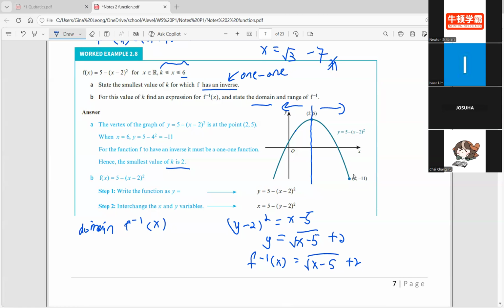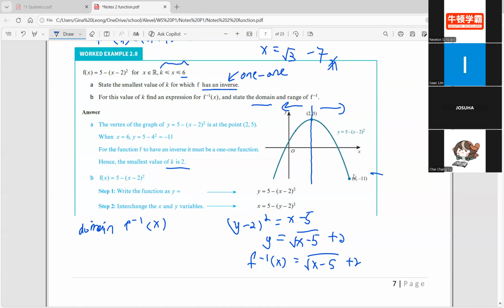This one is 5, then this is 2. So this one should be my range. Smallest is 2, right? Domain is the same as the range for this one.